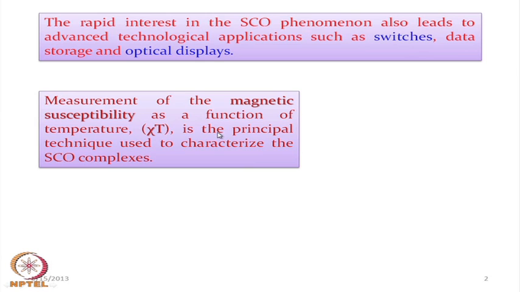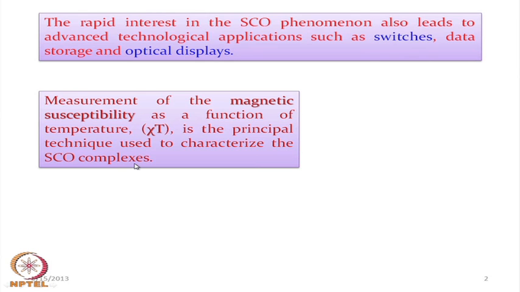We will see this in detail when we study the magnetic properties of all the transition metal complexes or coordination compounds. But right now we can see that the magnetic moment, where we determine the product of the susceptibility and the temperature, is utilized as the principal technique to characterize the SCO complexes.